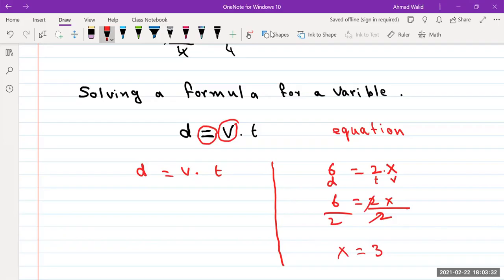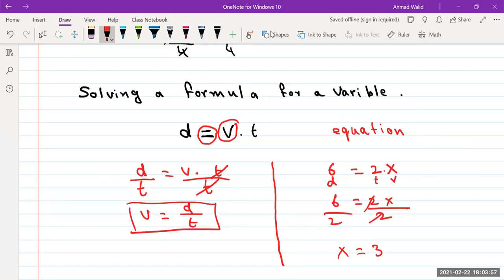If someone is asking you to solve it for v, to solve for v I have to isolate v and get rid of t. How? I divide both sides of my equation or formula by t. These two cancel out, then v equals d over t, final answer. Here, velocity equals distance divided by time.